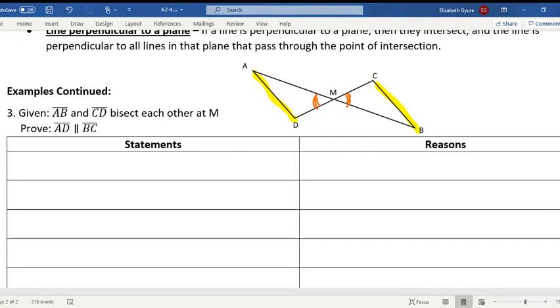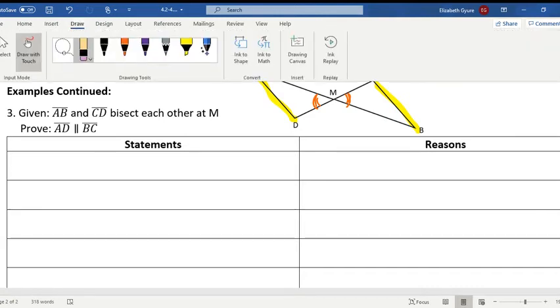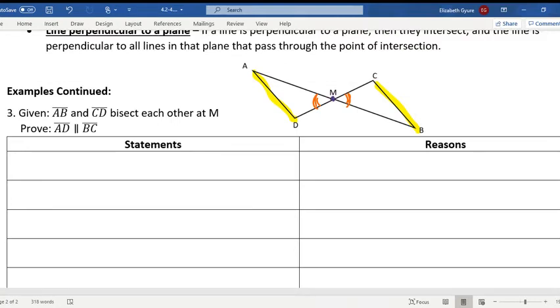Yeah. Segment bisecting is a little bit tricky because your definition for segment bisectors is that if two segments bisect each other, then they bisect at the midpoint. So we're going to be able to say that M is the midpoint. Then once we have the midpoint, will we be able to say we have a bunch of congruent segments?